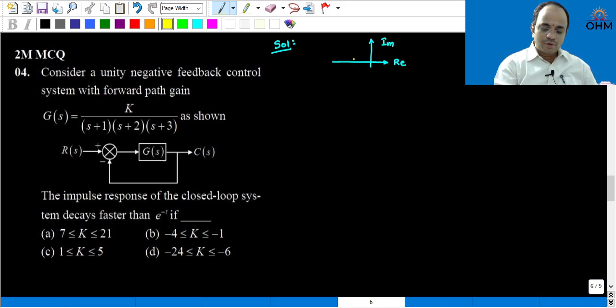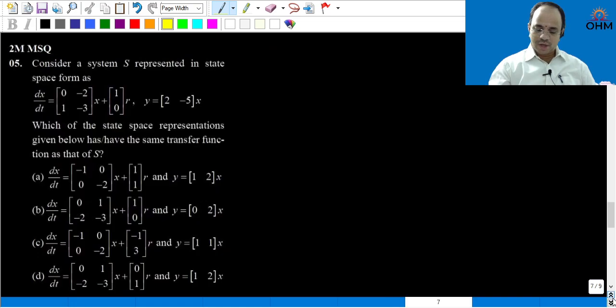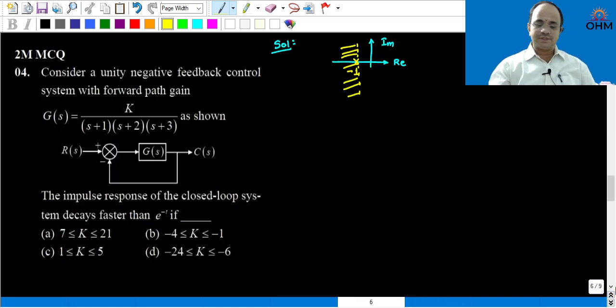The dominant poles of the system should be less than minus 1, or left hand side of this minus 1 point. So, anywhere the dominant poles can be located left side of this minus 1. In order to check that, you have to use the relative stability concept.